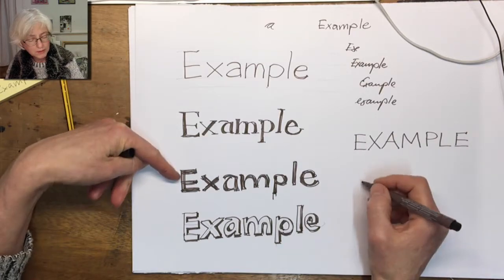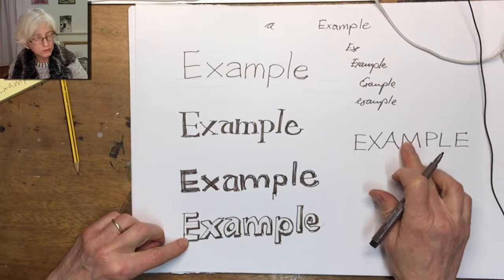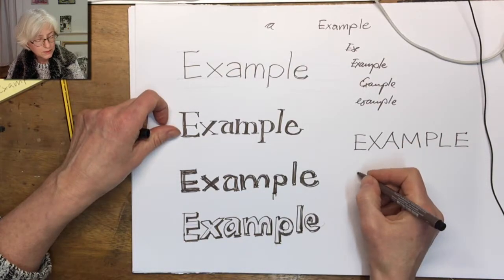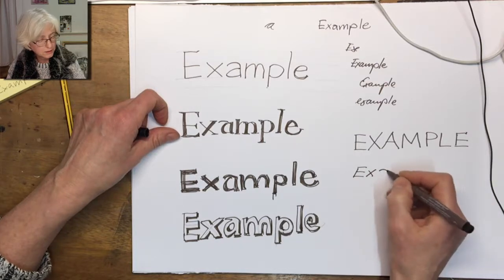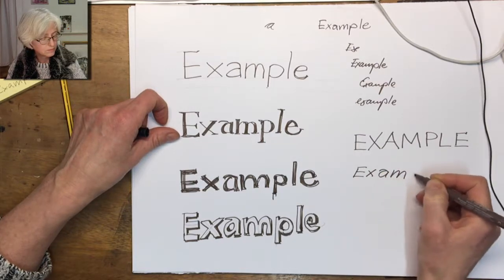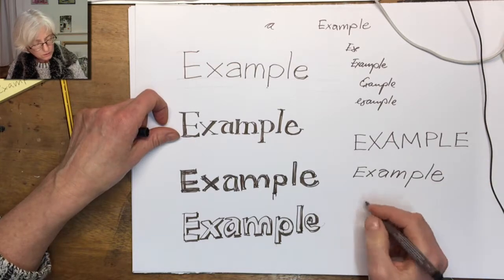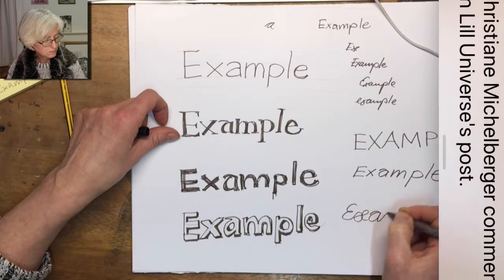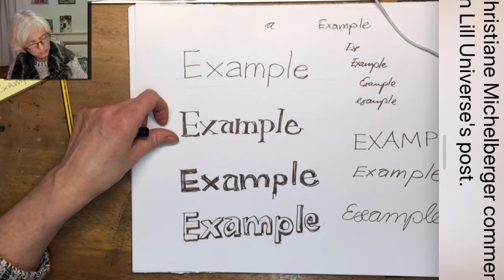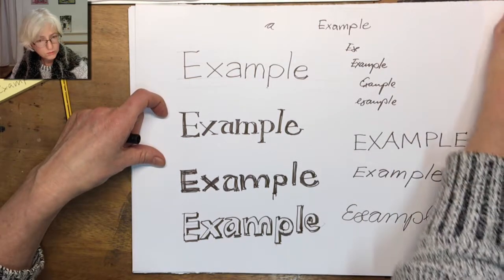Another possibility, and then of course you can use all these variants also here. You can do italics, that is if the whole thing is inclined. You can write it. Which is not very easy to read.